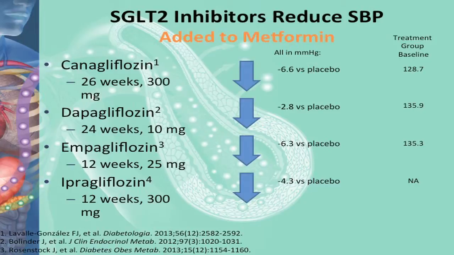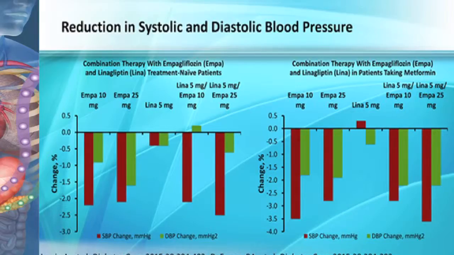So every little thing that we can do in order to help with outcomes, if that agent is offering you that opportunity, there's no reason why we can't pounce on it and utilize it to the benefit of our patients. And you're getting a reduction in both systolic and diastolic blood pressure, either in combination therapy or with monotherapy with Saxa. This one is empagliflozin and linagliptin combination.